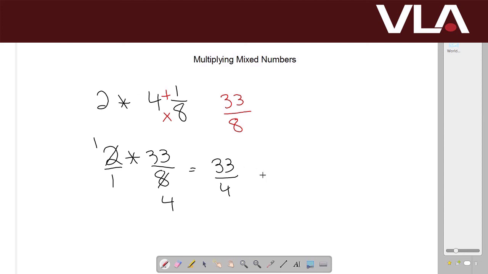I would say 8 times. 8 times 4 is 32. So then we would have 1 left over, and our denominator stays the same. So this is a much easier method to multiply mixed numbers.